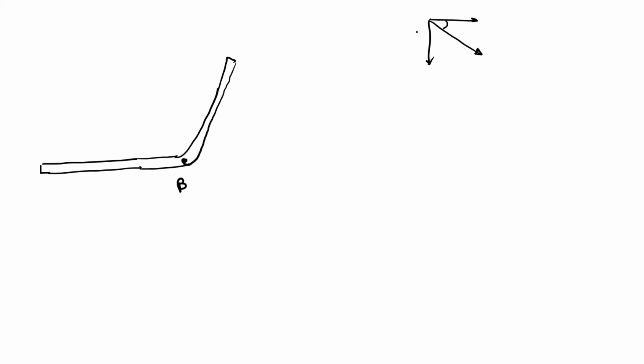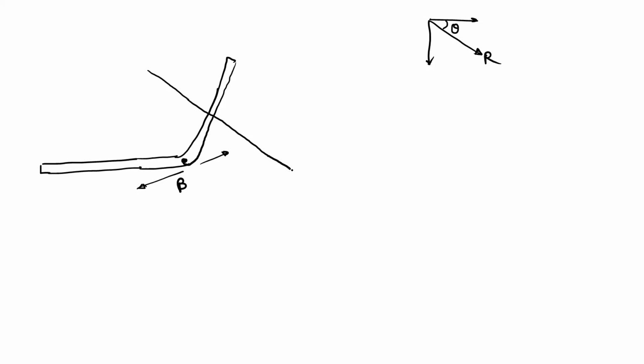This is the angle theta and this is the R. So there is a possibility that the resultant may be on the right side of the point B, or the resultant may be acting on the left side of the point B. Right now we don't know whether it is on the right side or the left side. So just assume the resultant is acting on the right side, and the direction must be parallel to the resultant direction.